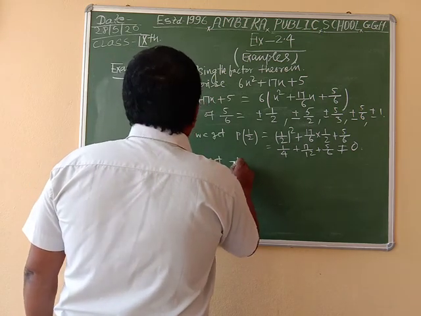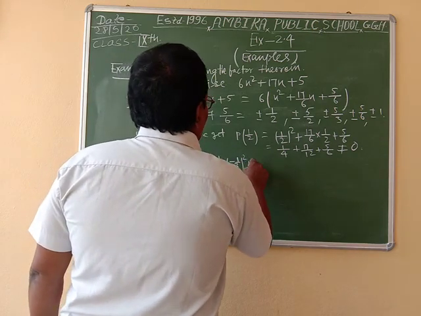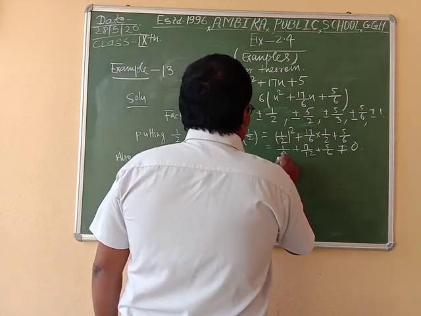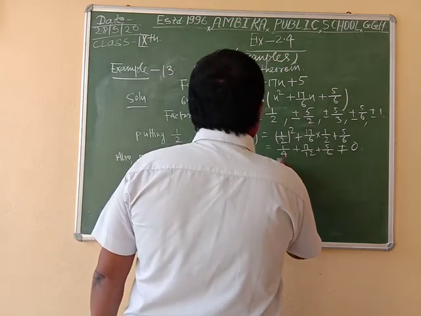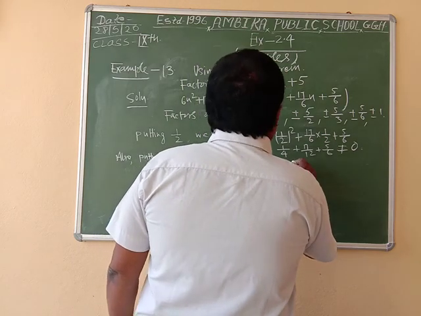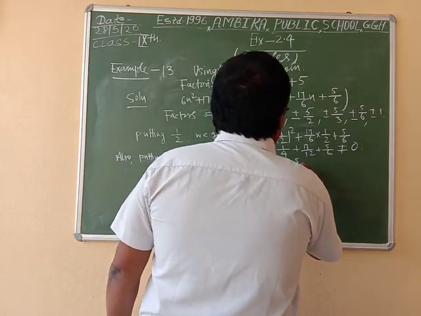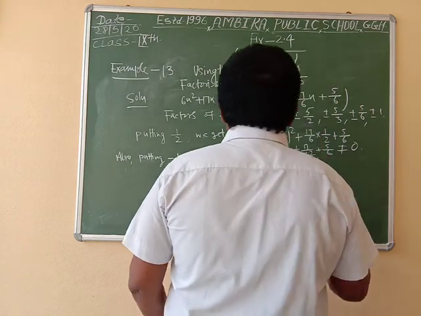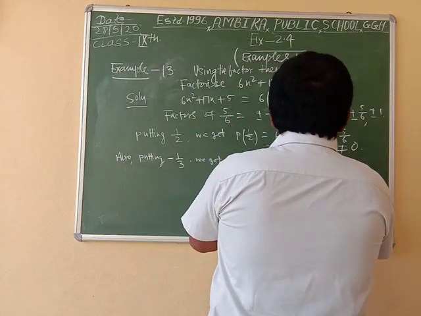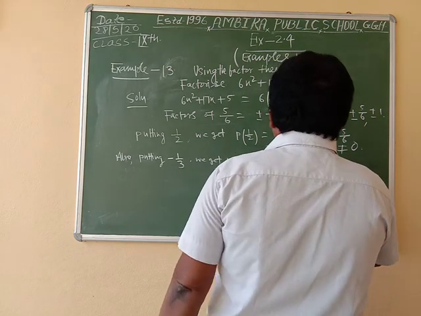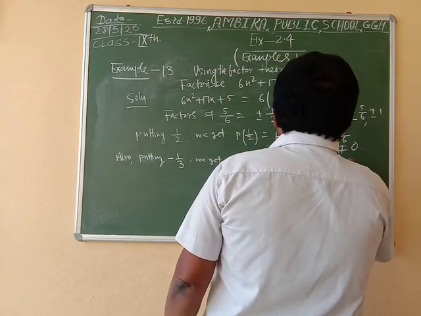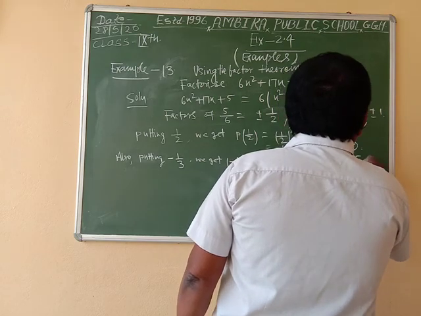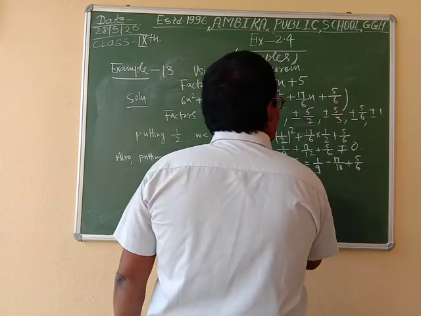Minus 1 by 3, we get minus 1 by 3 square plus 17 by 6 into minus 1 by 3 plus 5 by 6, which is equal to 1 by 9 minus 17 by 18 plus 5 by 6.